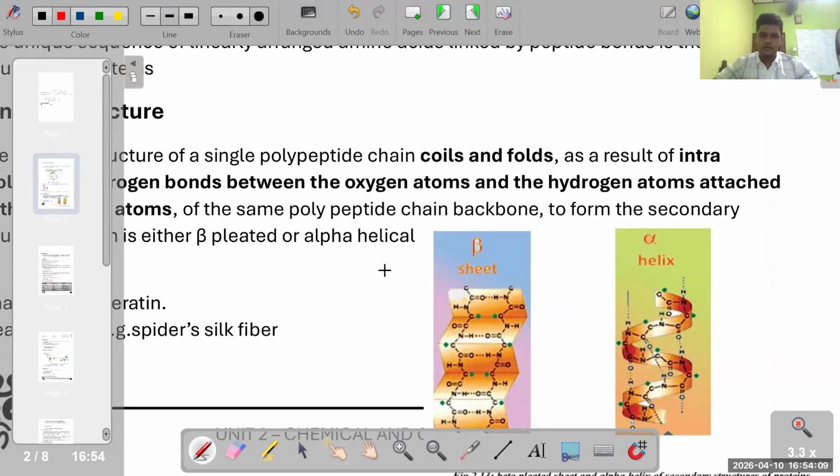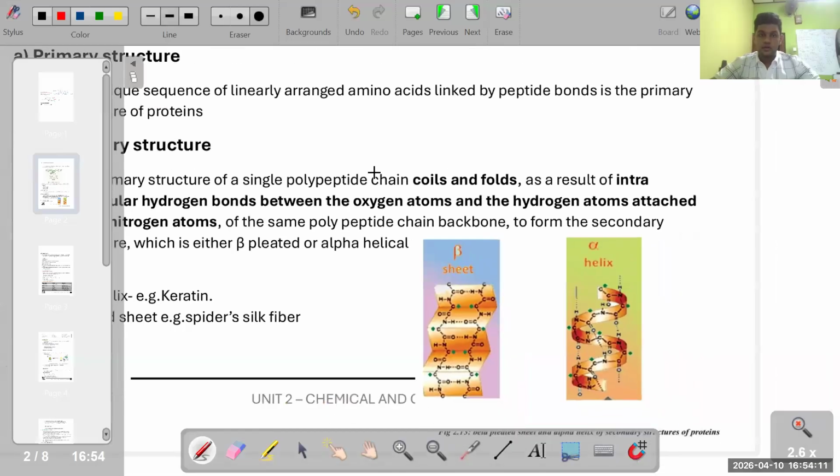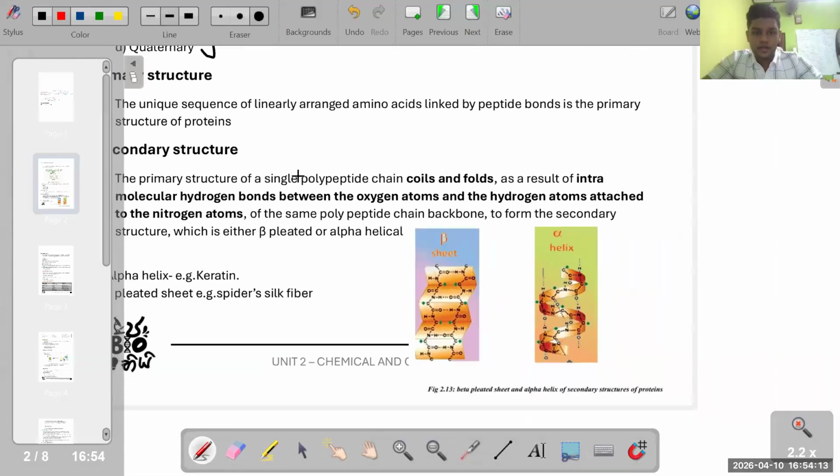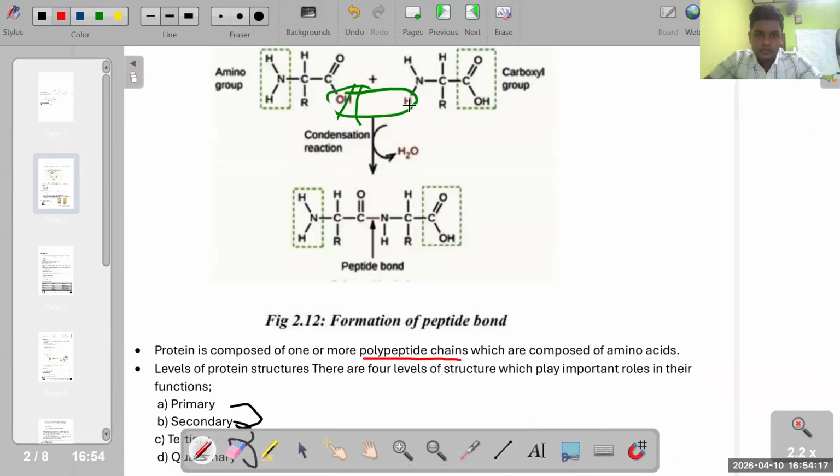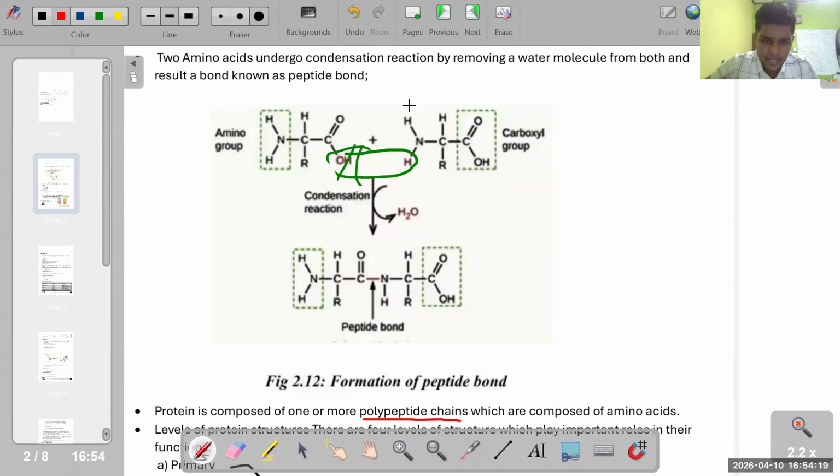Can you see? So now don't confuse like this. Sometimes you might get confused like this. It is not a must to form in the same amino acid. I'll explain that also. I said this is the backbone, and the bond was formed like this. That is one instance.